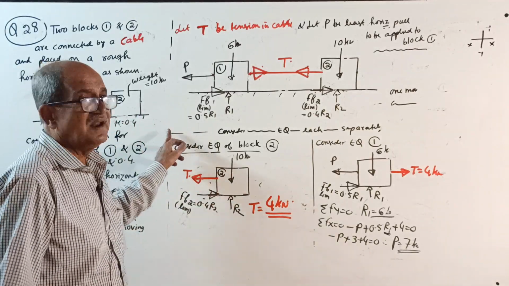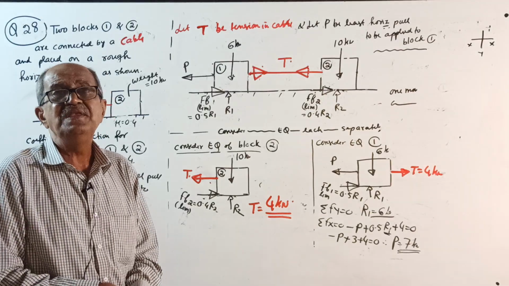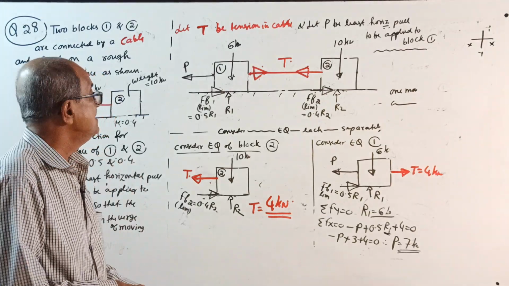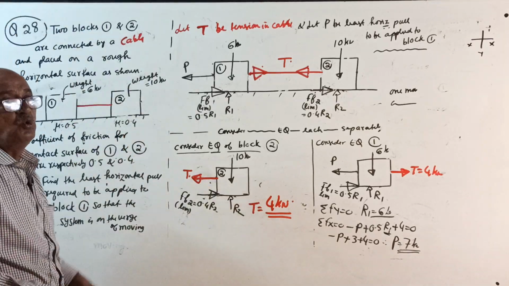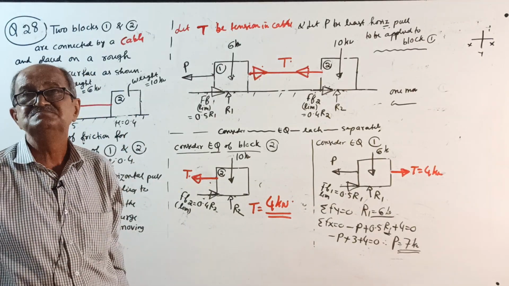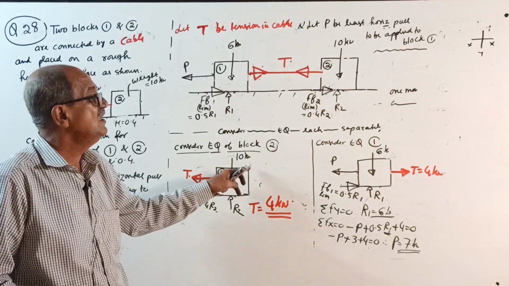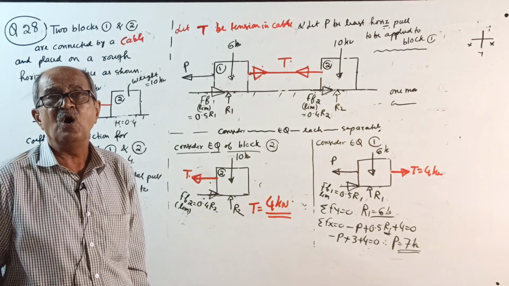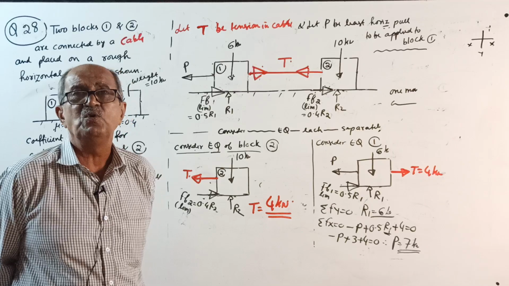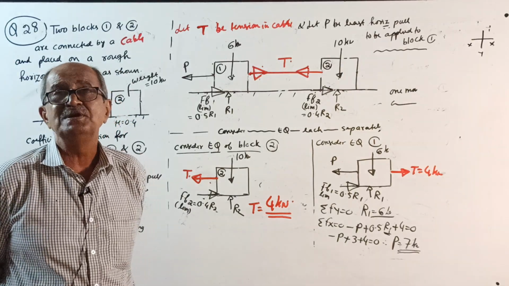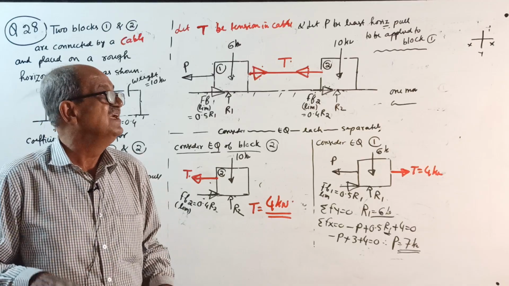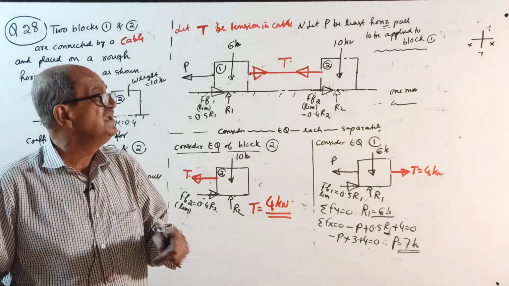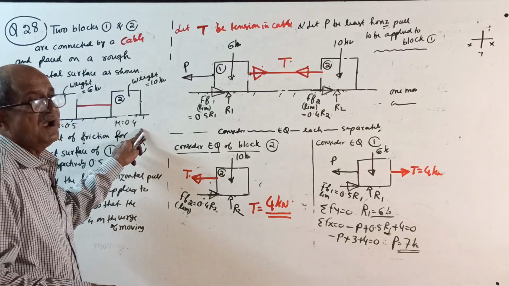If the person who set the question asks you to find mu here and mu here, nobody in the world can solve it. I will tell that one. Then I will say, oh, the question is wrong. The person who set the question does not have much basic knowledge. So he should either give one of the mu and find the other mu.